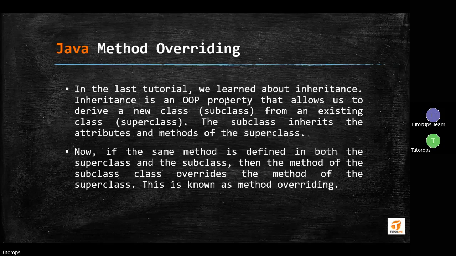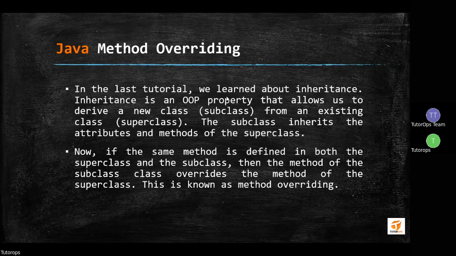What is method overriding? In the last tutorial, we learned about inheritance. Inheritance is a property that allows us to derive a new class from an existing class. I have already given the example. The subclass inherits the attributes and methods of the superclass.